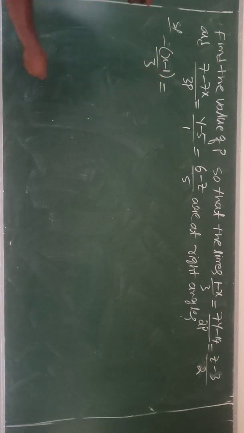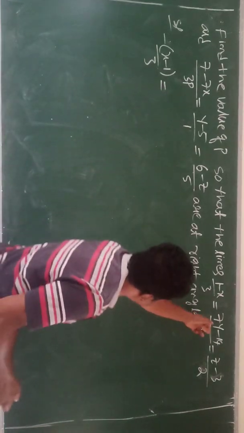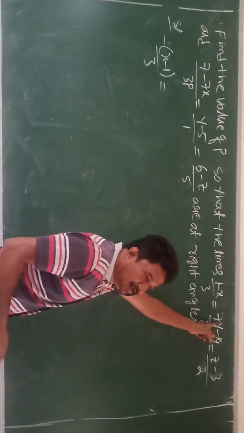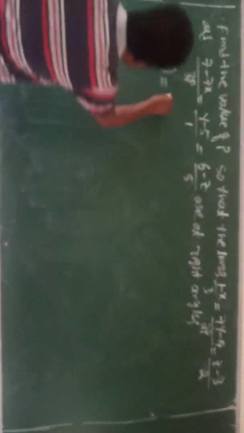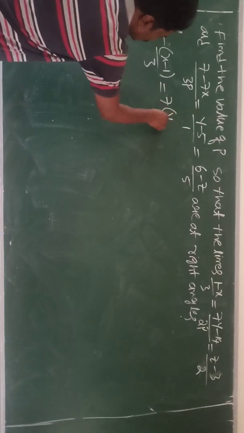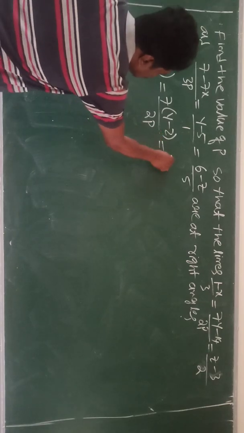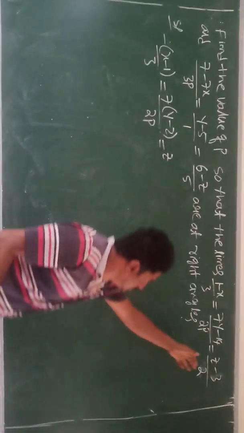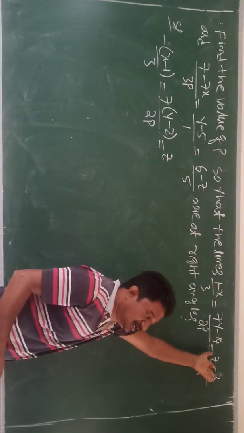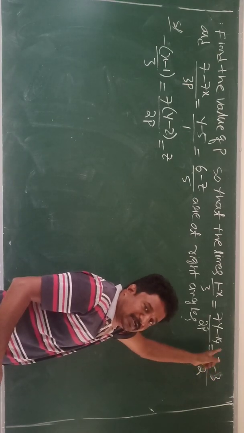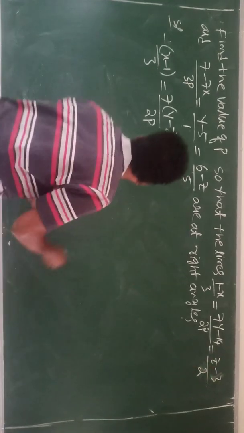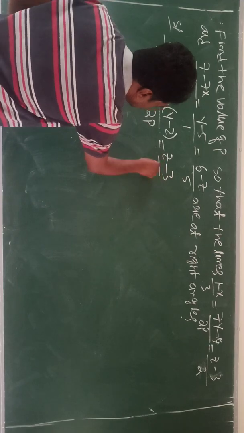Then remove the 7 from the second term: 7 into (y minus 2) by 2p. The z term is in correct form: (z minus 3) by 2.